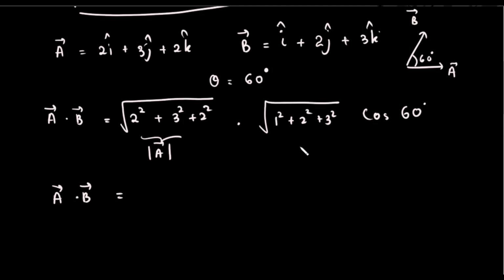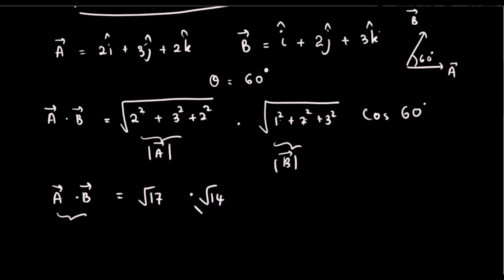Right now we have an expression for A dot B. We have the magnitude of A, the magnitude of B, and cosine 60. I'm going to find the value of this scalar product. 2 squared is 4, and 4 plus 4 is 8, and 8 plus 9 is 17. So this is the square root of 17, and the other is 1 plus 4 plus 9: 1 plus 4 is 5, and 5 plus 9 is 14.